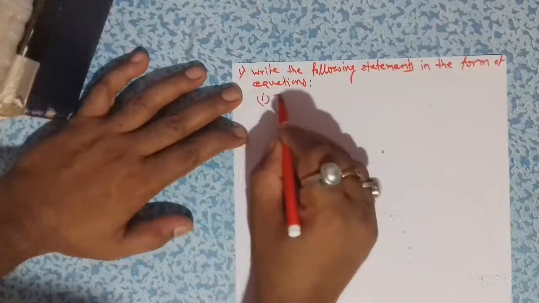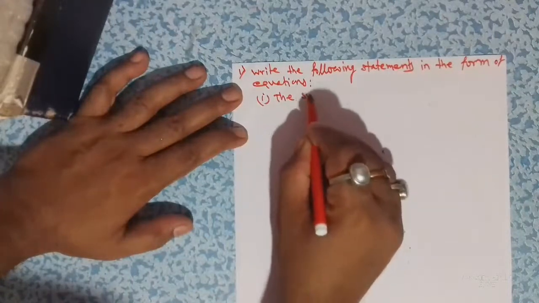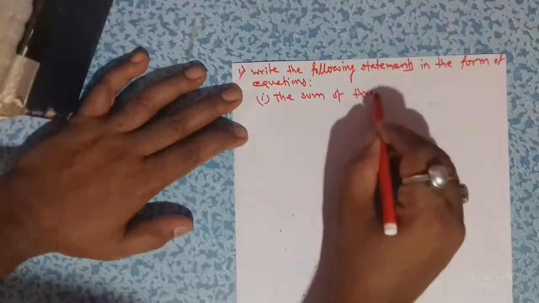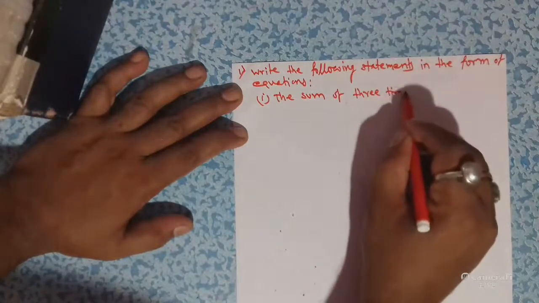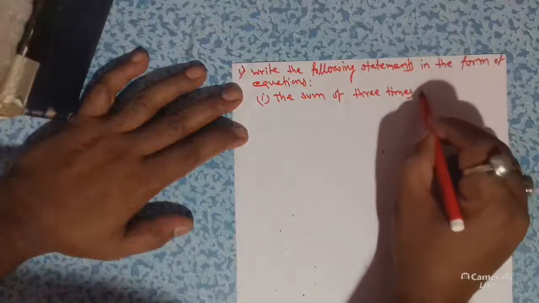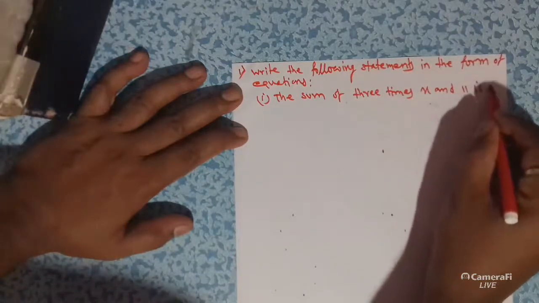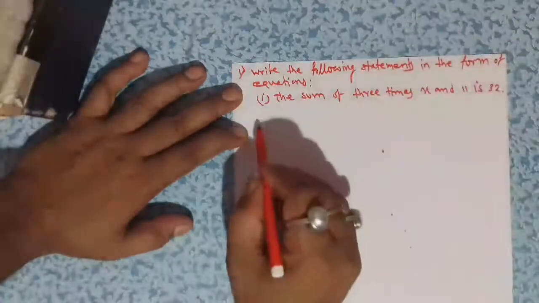First, the sum of 3 times x and 11 is 32.